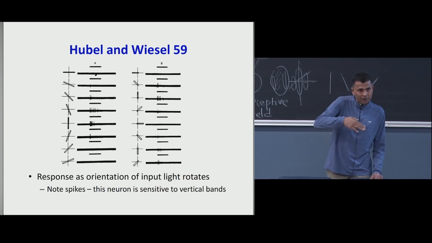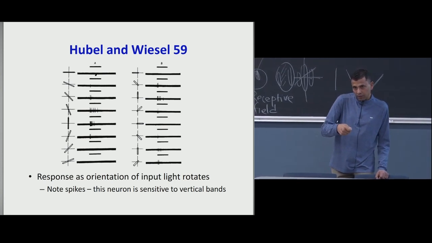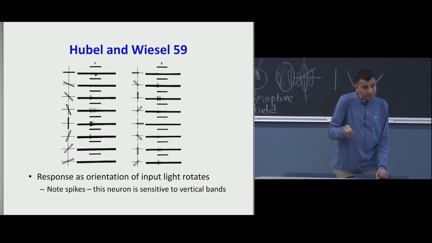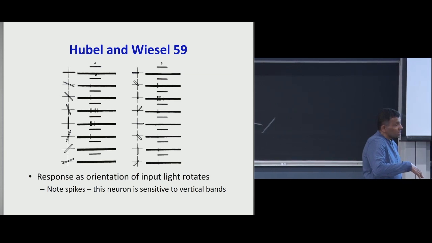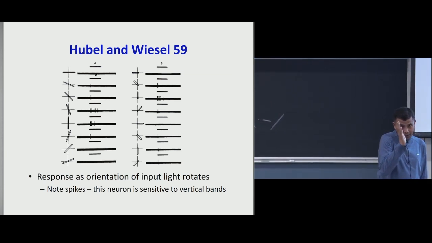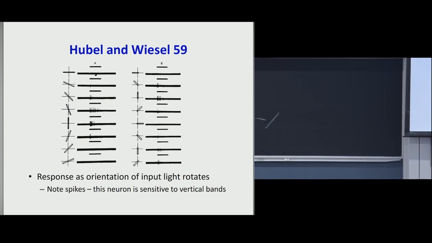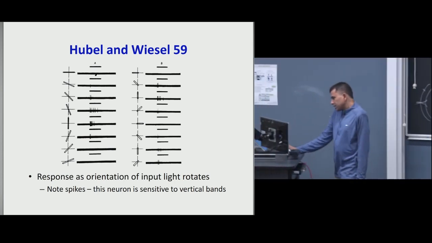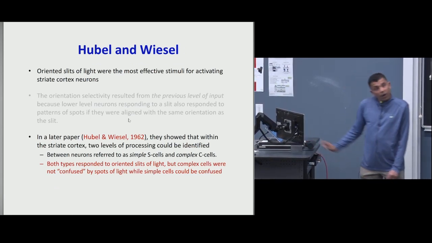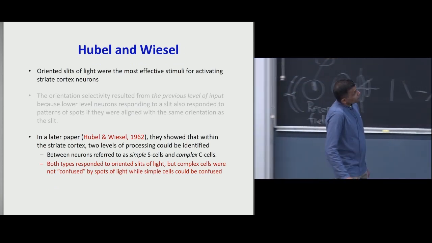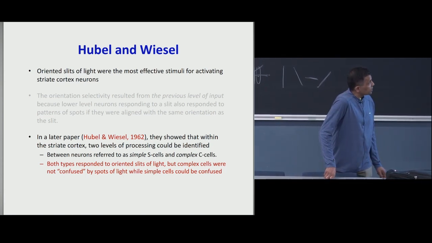So as the angle of the excitation of the retina changes, the pulse trains become denser and denser till they're actually showing a light in an exactly vertical manner. Now, this neuron is sensitive to vertical bands. So what they found was that oriented slits of light were most effective stimuli for activating striate cortex neurons.